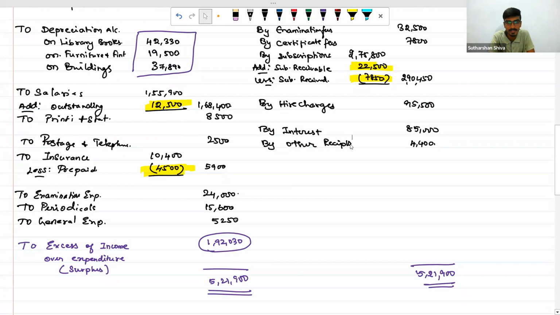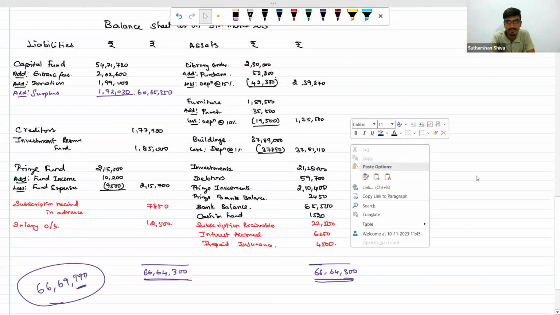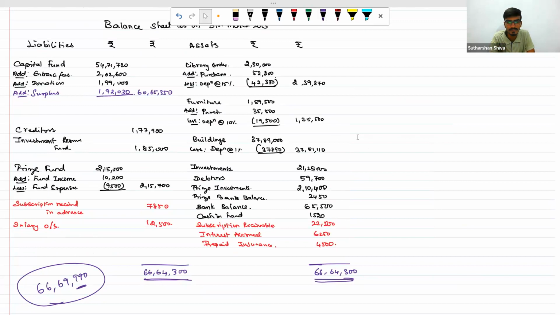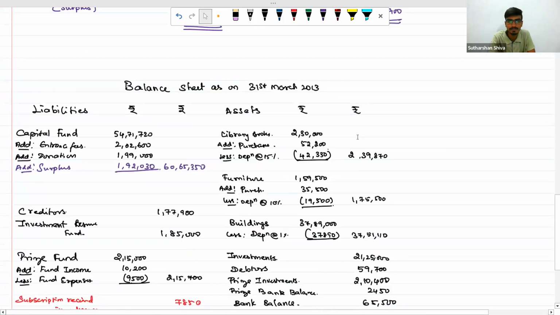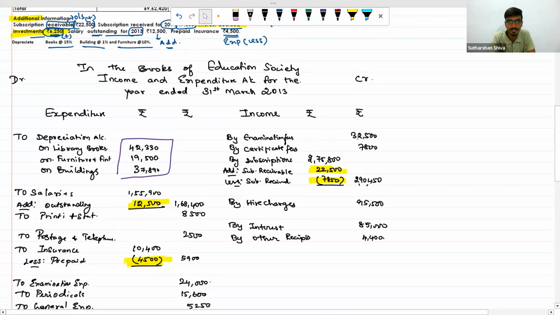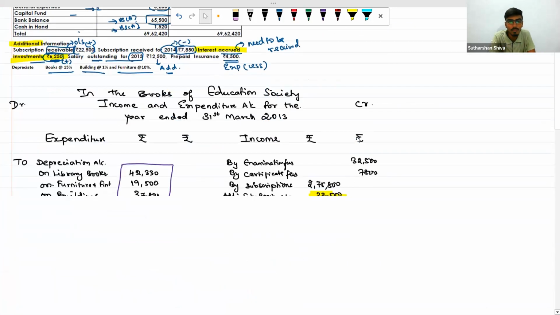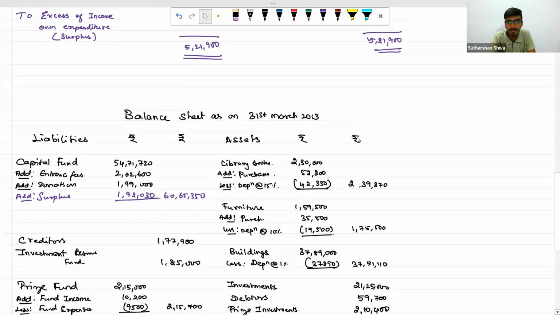Yes. Then take this balance sheet. Is it done? Yes. Now, how we need to calculate is an important point.